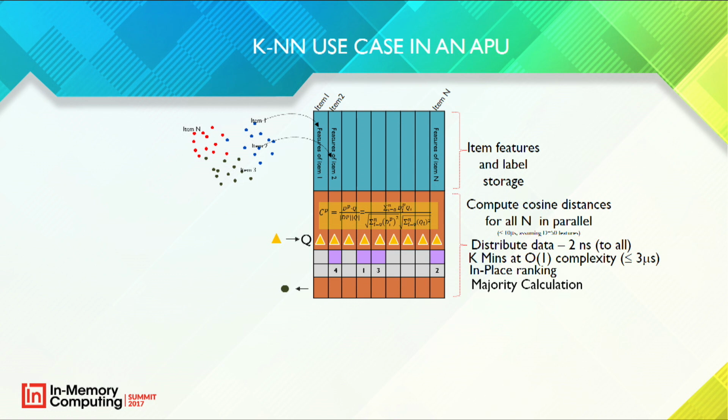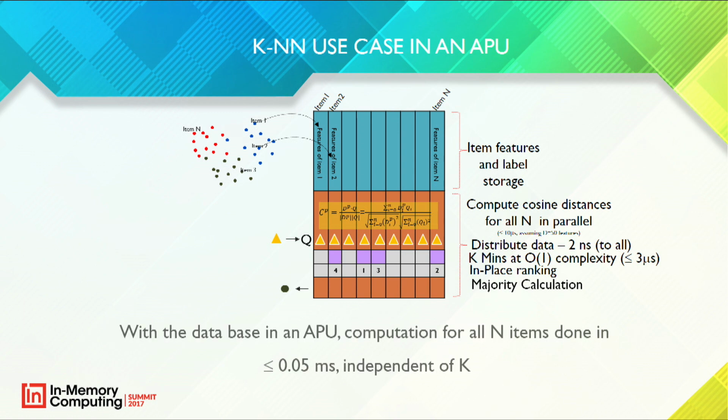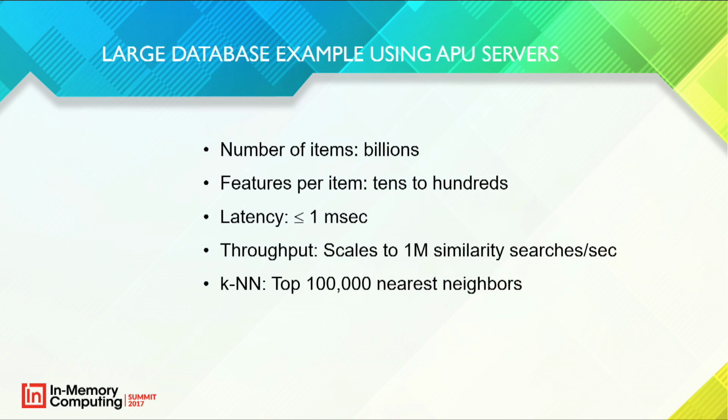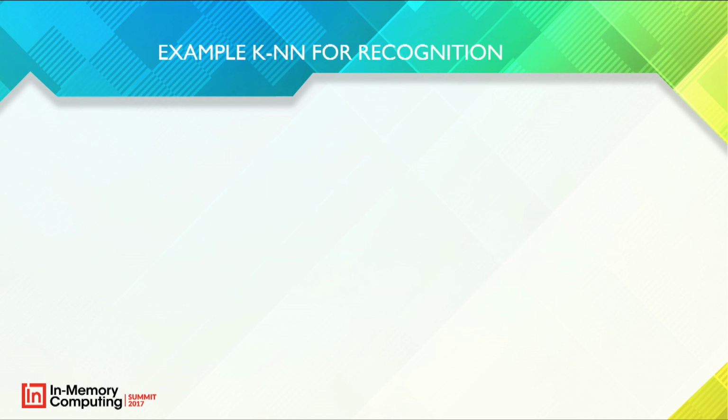So this type of associative memory is the fastest architecture that can solve this K nearest neighbor and do similarity search orders of magnitude faster than any GPU, and all again inside the memory. We can also handle billions of records and find the top K, let's say top 100,000, very efficiently.